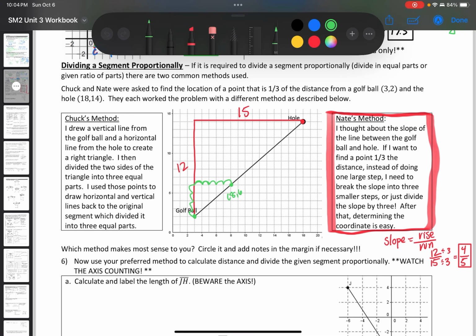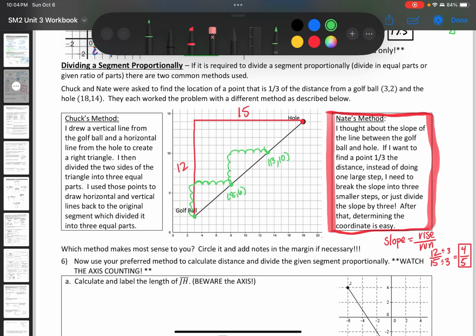That's (8, 6). From here, I rise 1, 2, 3, 4, and then run 1, 2, 3, 4, 5. And there's my second point, which is (13, 10).